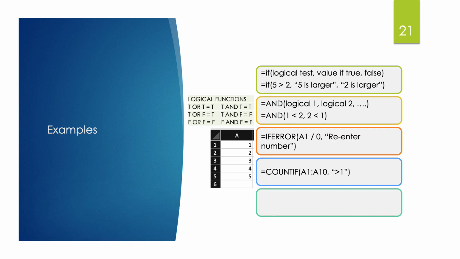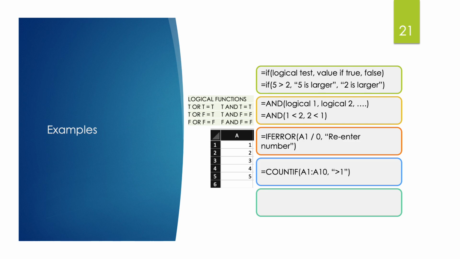Okay, so the third one is an example of using IFERROR, right? In IFERROR, for example, over here, I just put A1, which is cell A1. If you look at the left side, I have my column A, and then at my row 1, I have the number 1.